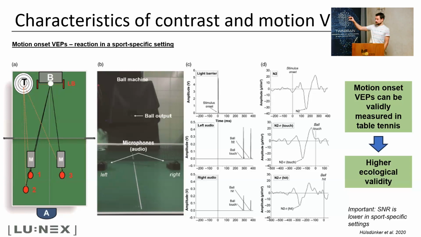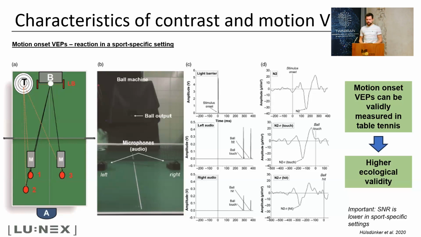Also on the second and third line, you see clear potentials, again response locked. Here we have locked it to the ball-table contact and the ball-racket contact. Again, this is the N2, stimulus locked and response locked. What we have seen in the lab experiment seems to transfer also to the more field experiment.